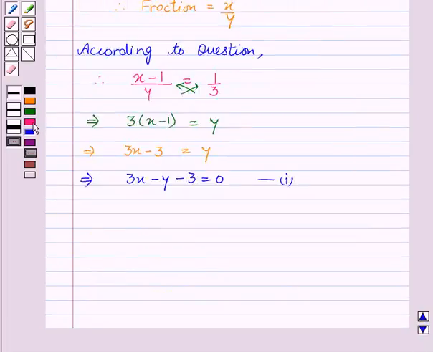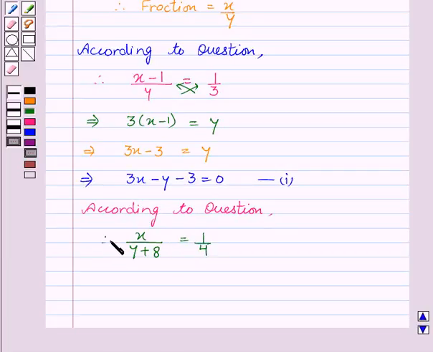Now, again from the question, we see that when 8 is added to the denominator, that is x upon y plus 8, then our fraction becomes 1 upon 4.